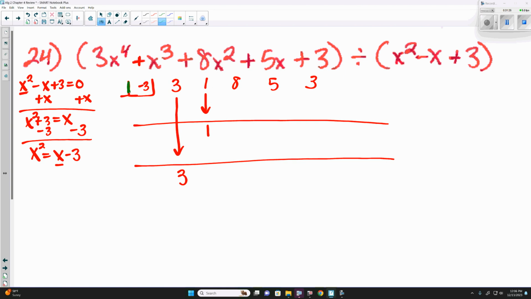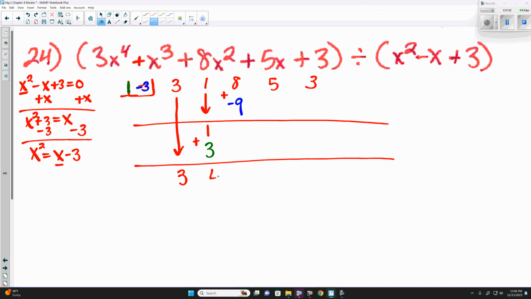So we'll do 1 times 3. The number on the bottom that's being multiplied by the first number will go above the second line. And for our second number, negative 3 times 3 is negative 9. The second number will go above the first line.